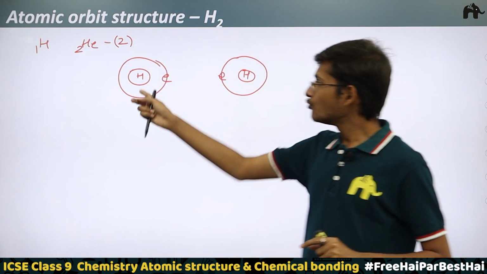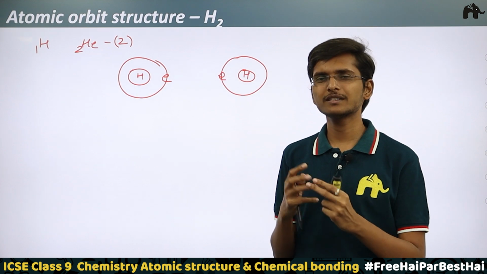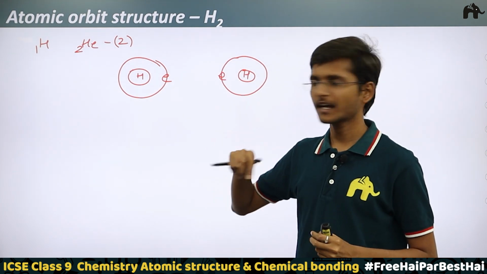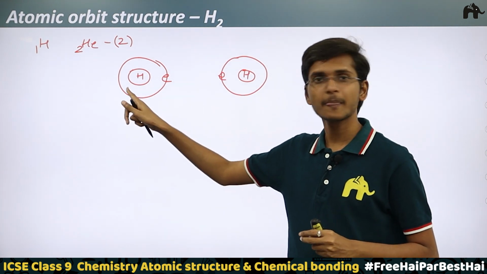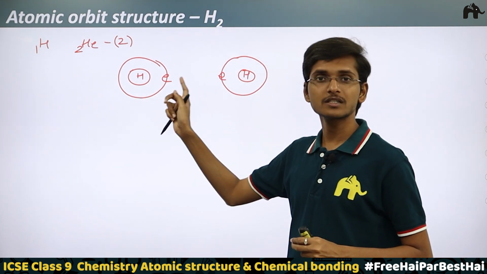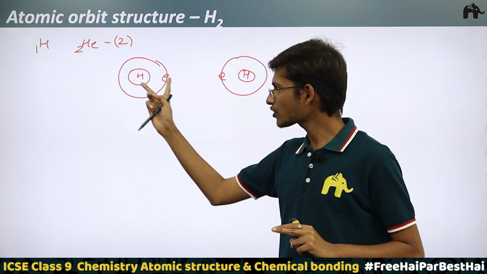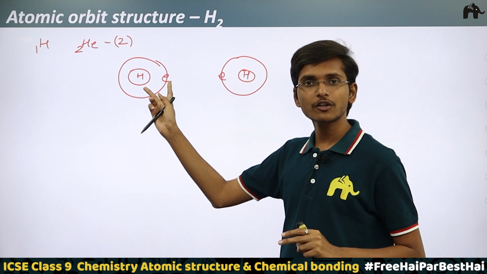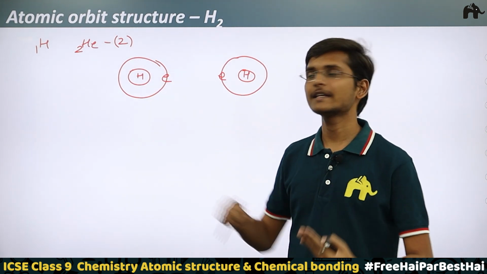Now, when a hydrogen atom gains one more electron and somehow manages to get that one electron in its shell, how many electrons are in this shell? In its only shell, 2 electrons. With these 2 electrons in the first shell, it attains the configuration of the nearest noble gas, which is helium.